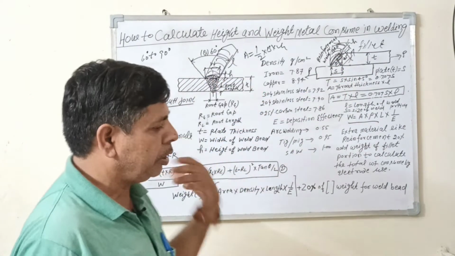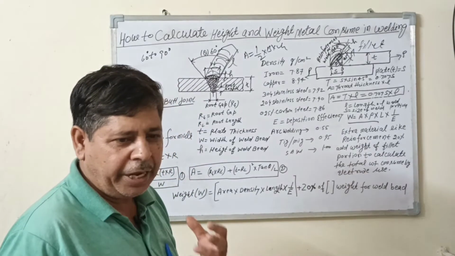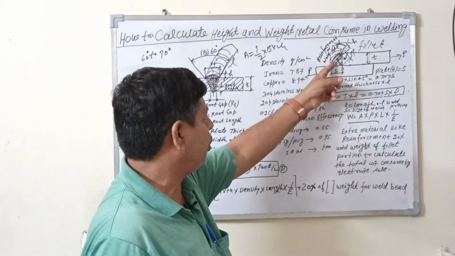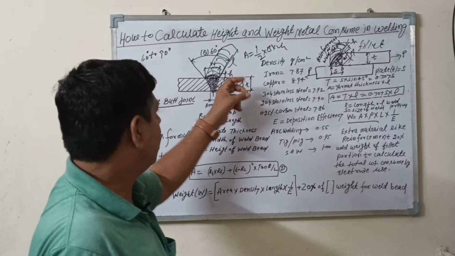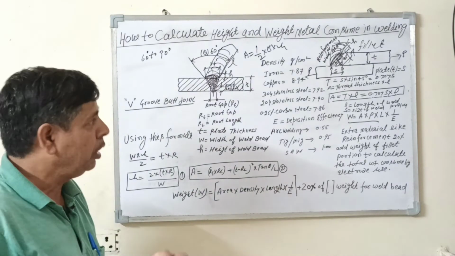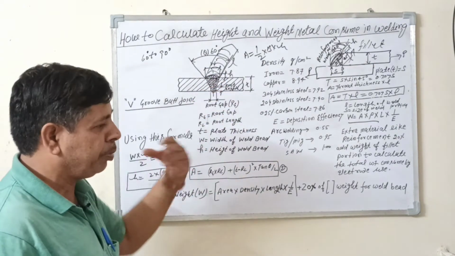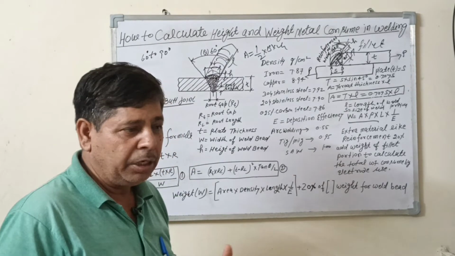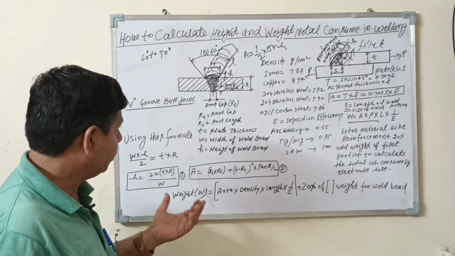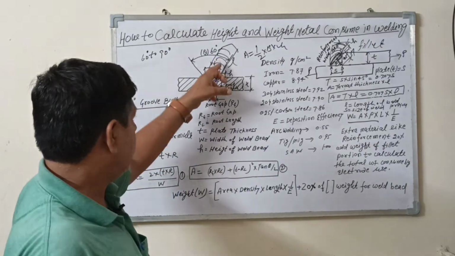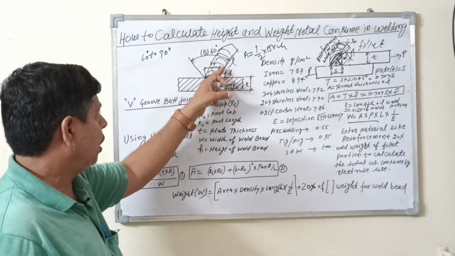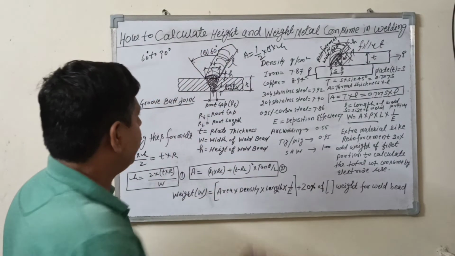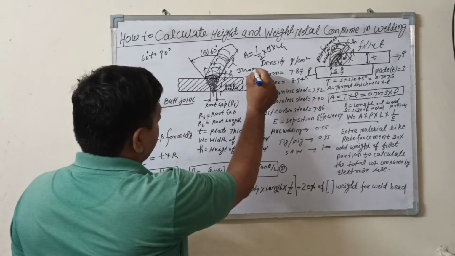A design engineer and production engineer should have sound knowledge about how much metal is deposited and what bead height is deposited, and also save material in performing this welding and avoid different types of inclusion, corrosion, porosity, and hardness defects. For the height of the bead, you will take up to 3 mm.